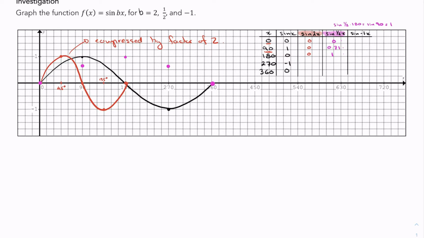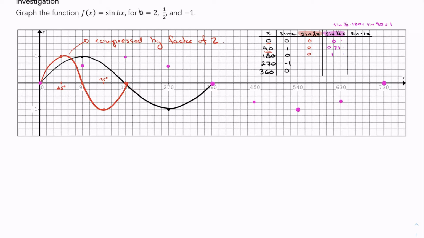Then we're going to get into higher values because we actually haven't done one cycle yet. 450 will be like negative 0.7, which was roughly here. 540 will be negative 1, which is roughly here. 630 roughly here. 720 roughly here.